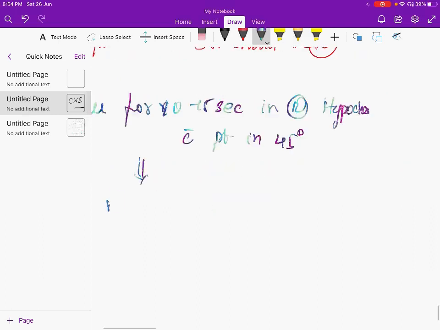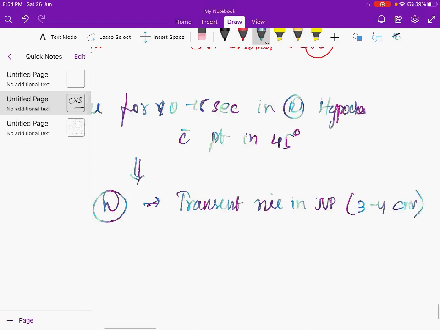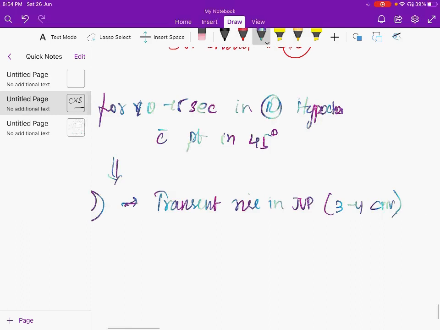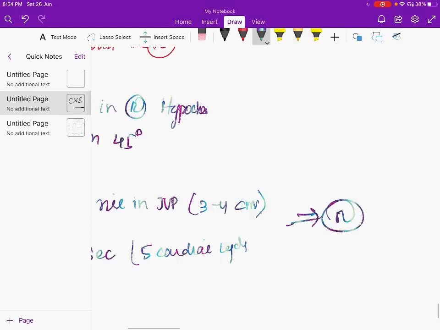Normally, there is a transient rise in JVP of up to 3 to 4 centimeters. This transient rise lasts around 5 seconds, some 5 cardiac cycles, and then it will come back to normal. So this is a normal, physiological phenomenon.